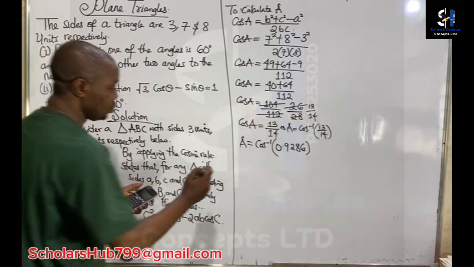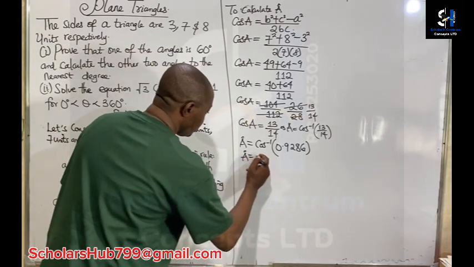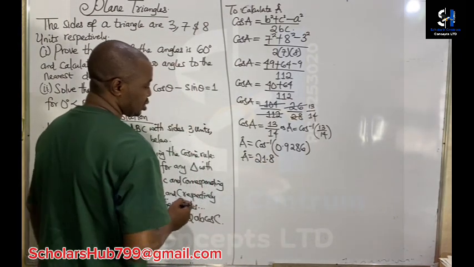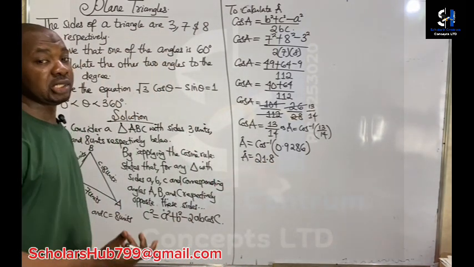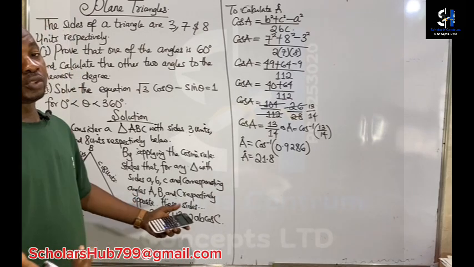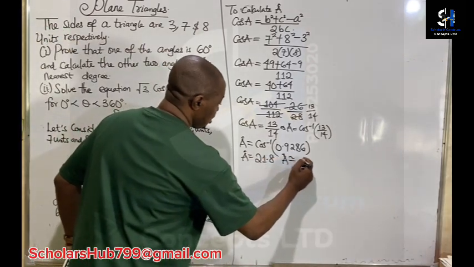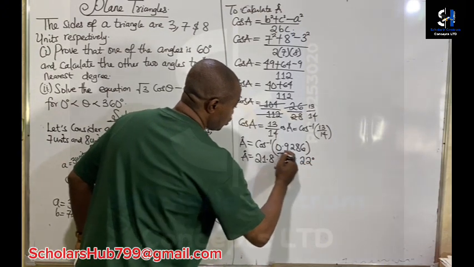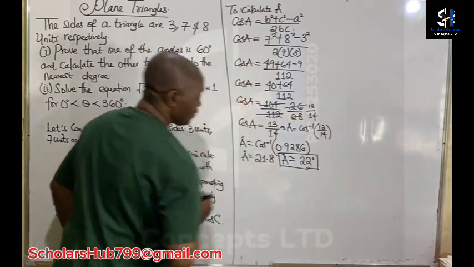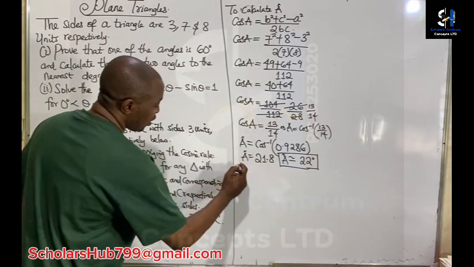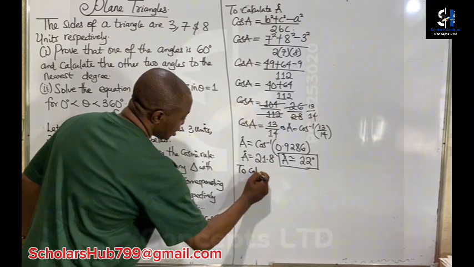That will be, A equals 21.8, and this is not equal to 60 degrees. So it means we have to proceed to the next one. But this will be approximately 22 degrees. So we have the value of angle A, that's the angle at A, to be 22 degrees.